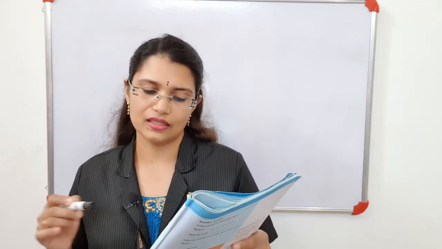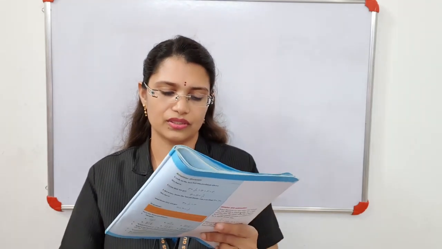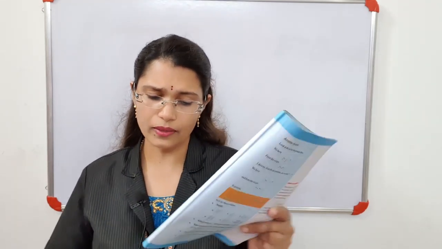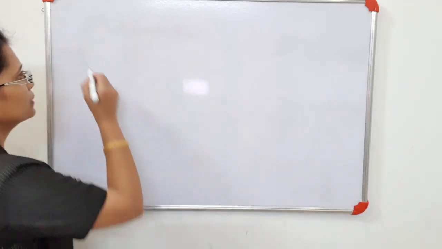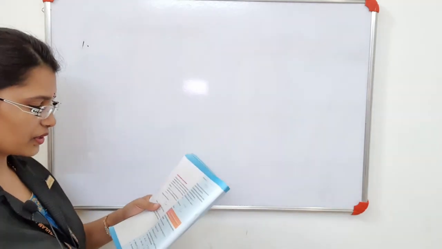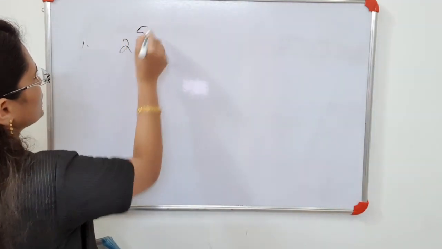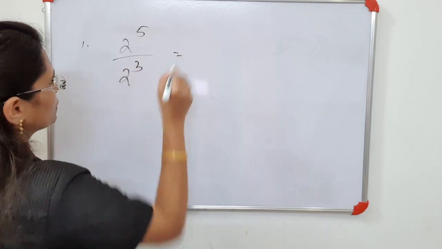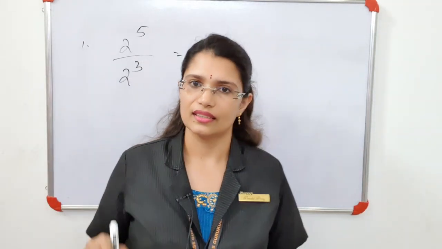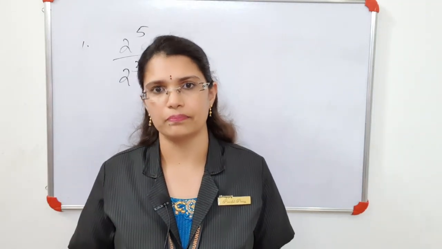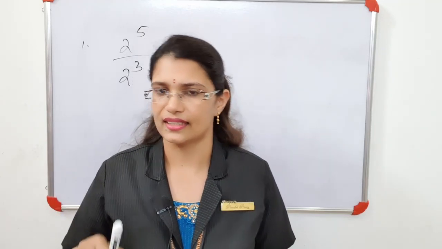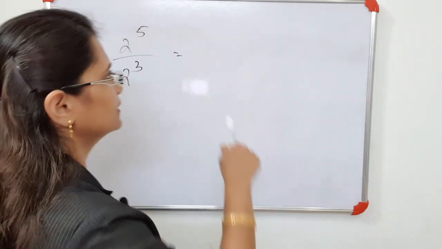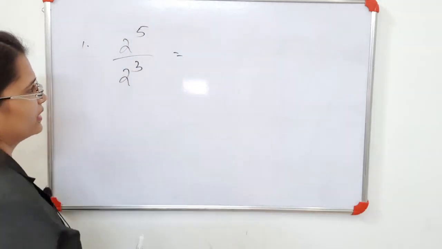Now try these problems. The first question is, what power of 2 do we get on dividing 2 raised to 5 by 2 raised to 3? We have already discussed that x raised to m divided by x raised to n is equal to x raised to m minus n when m is greater than n.